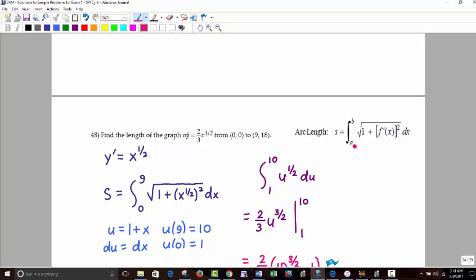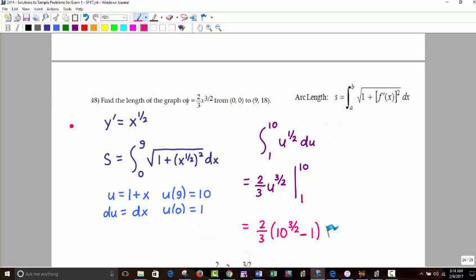Now here's one we're going to evaluate. So if y equals 2/3 x to the 3/2, we're going from 0, 0 to 9, 18, which we didn't really have to have the y coordinates there. All we need is the x going from 0 to 9.